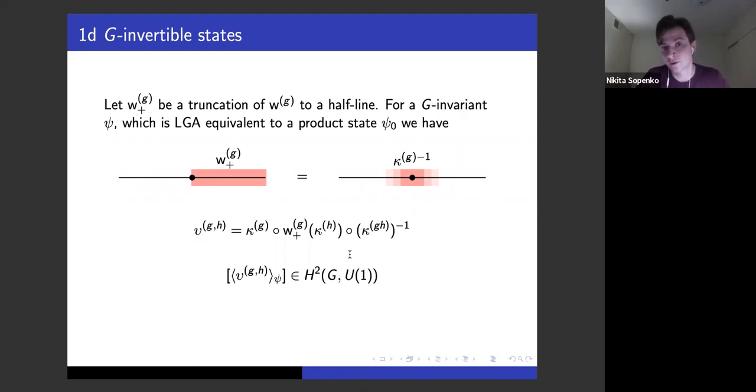Since this automorphism preserves the state, since we consider G-invariant states, the resulting state that we get after application of this automorphism on a half-line is some almost localized state. So it's just a zero-dimensional state in our sense, the stable version of a zero-dimensional state.